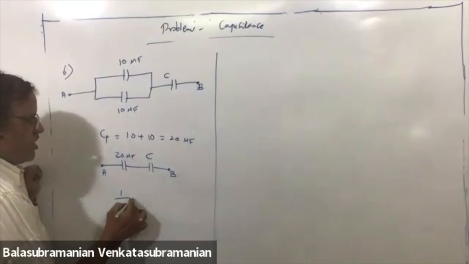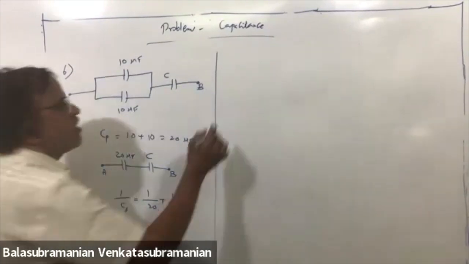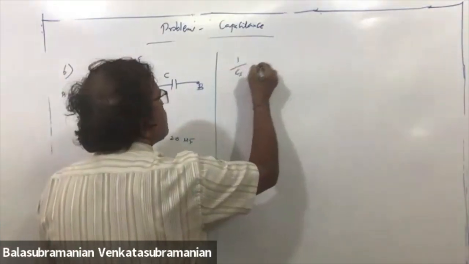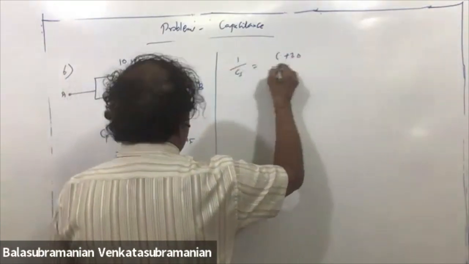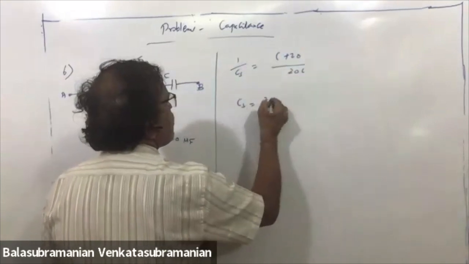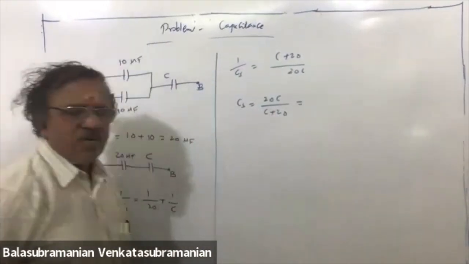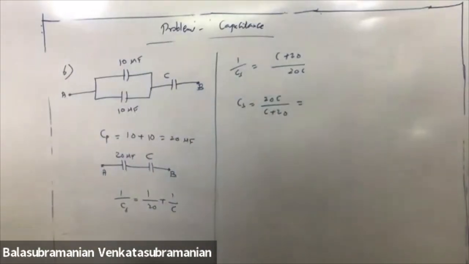So 1 by Cs is equal to 1 by 20 plus 1 by C. 1 by Cs is equal to C plus 20 by 20C. Cs is equal to 20C by C plus 20. The resultant capacitance is given as 15 microfarad.